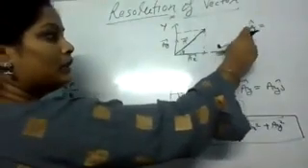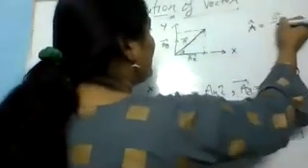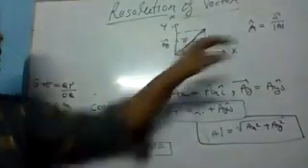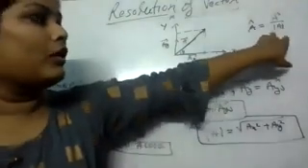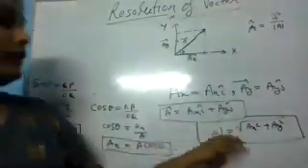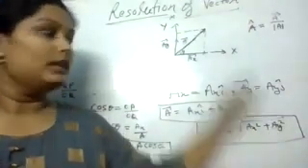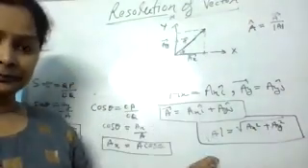In the last class I told you about unit vector, right? Unit vector we will represent by A cap. A cap equals A vector upon mod A, right? So to find out the magnitude of the A vector, we will apply this formula, under root AX square plus AY square. यहाँ तक बात clear है?